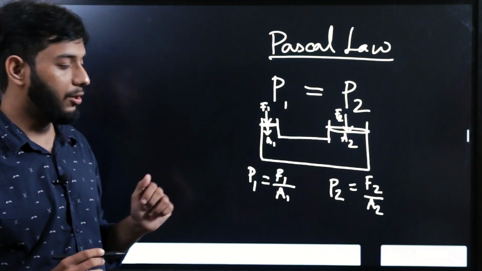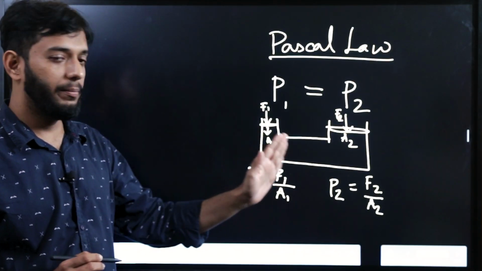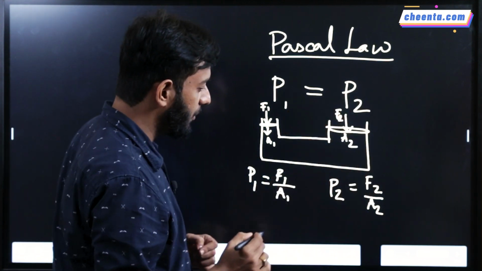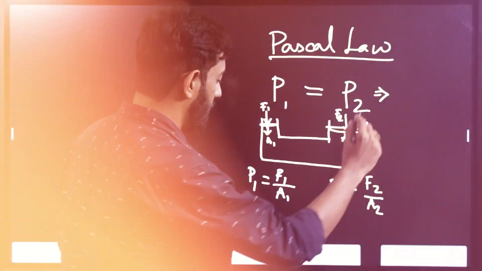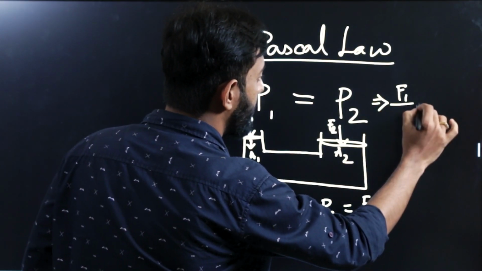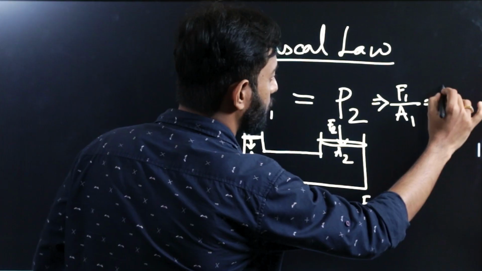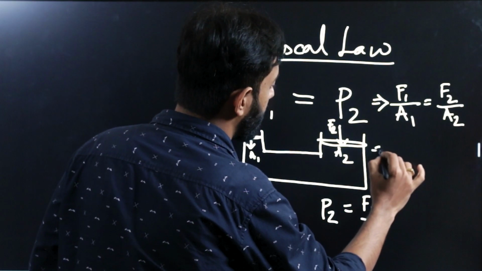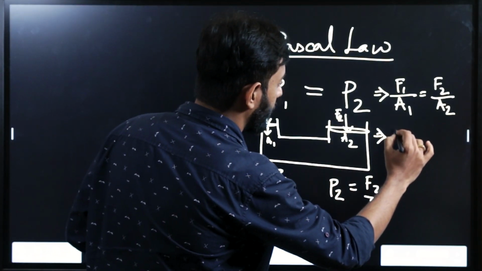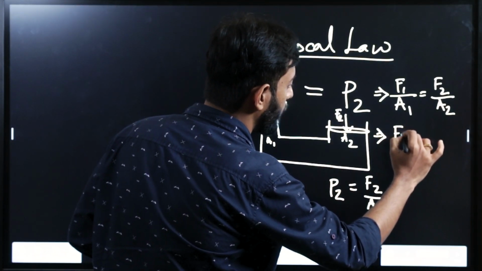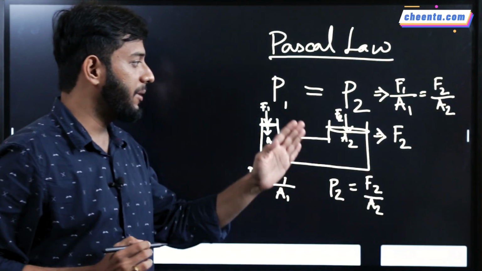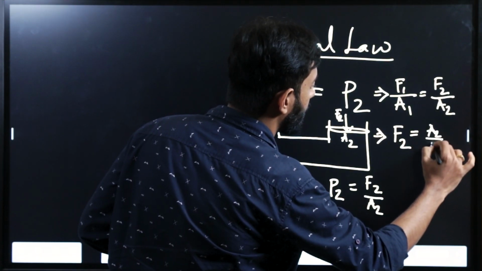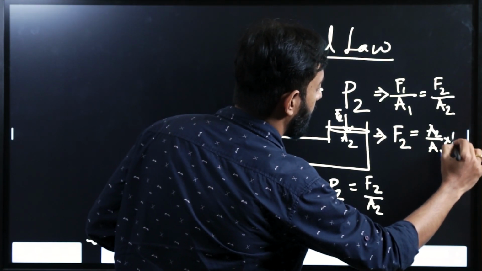Now, as per Pascal's law, P1 and P2 are equal, right? So if we make P1 equal to P2, we arrive at F1 by A1 equals F2 by A2, which leads to the force experienced by the second piston being A2 by A1 multiplied by F1.